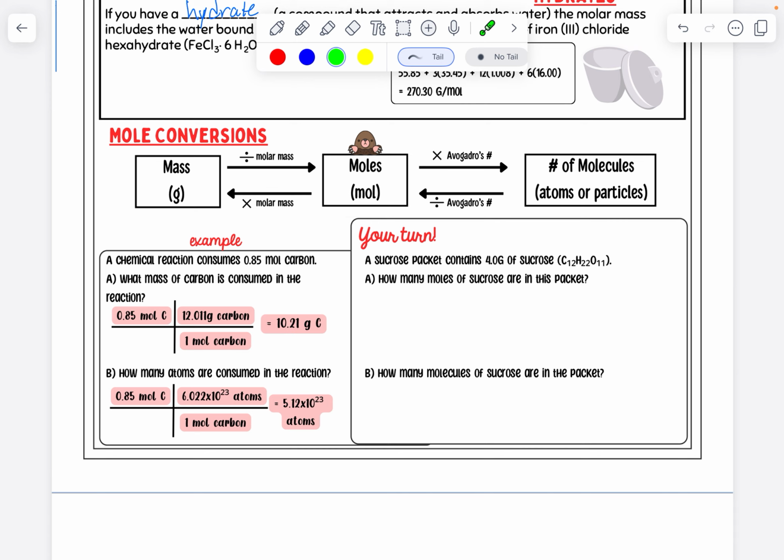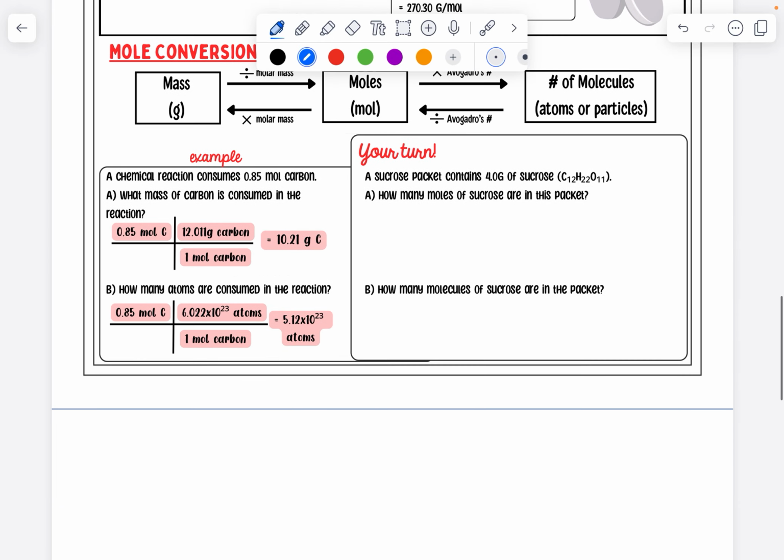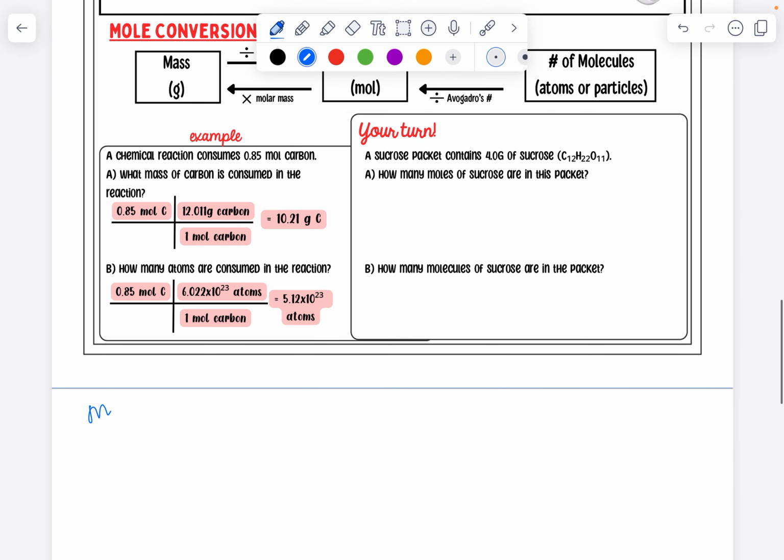So if you're given the mass of something, or you're given the number of particles or atoms, the first thing we have to do is convert it to a mole, okay? So we have learned so far that 1 mole is equal to 6.02 times 10 to the 23 of anything. Let's just say particles or atoms or formula units.